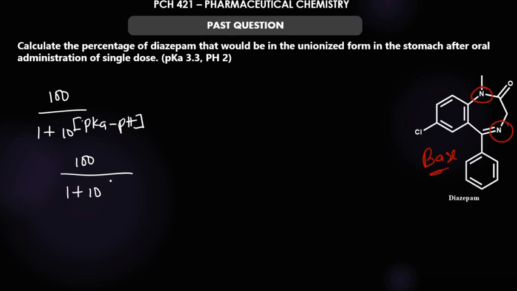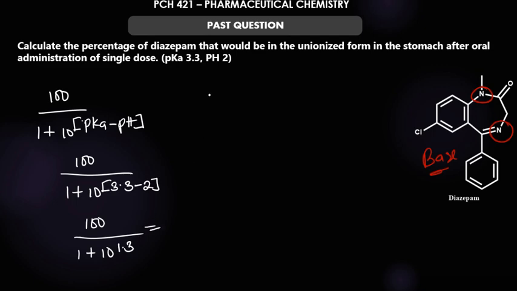This will give us 100 divided by 1 plus 10 to the power of pKa, in this case 3.3, minus pH, which is 2. 3.3 minus 2 is 1.3.